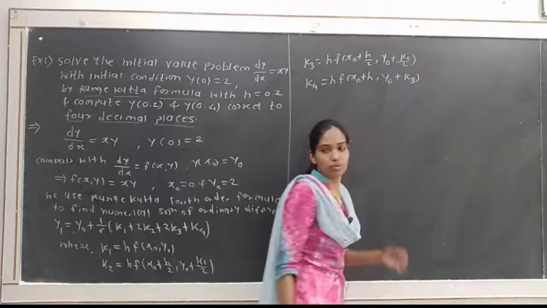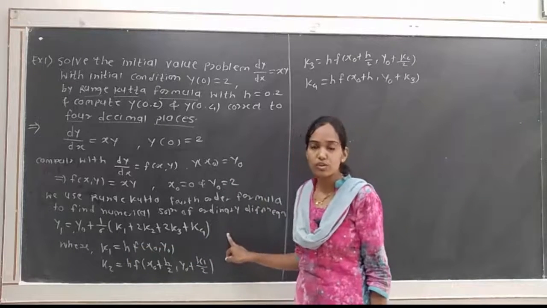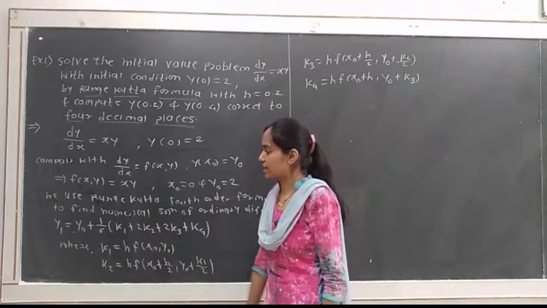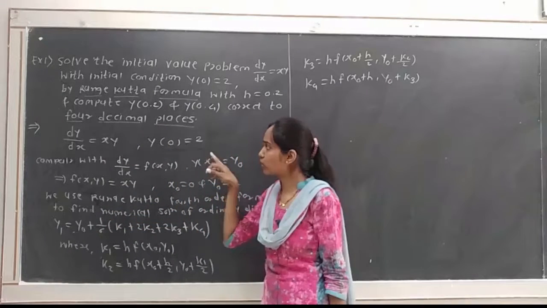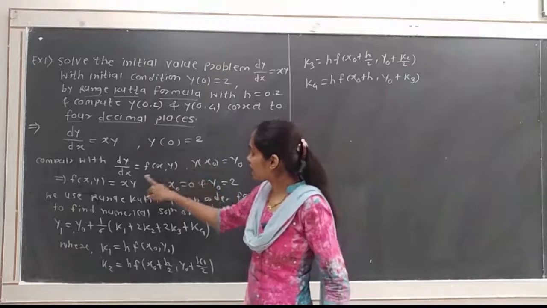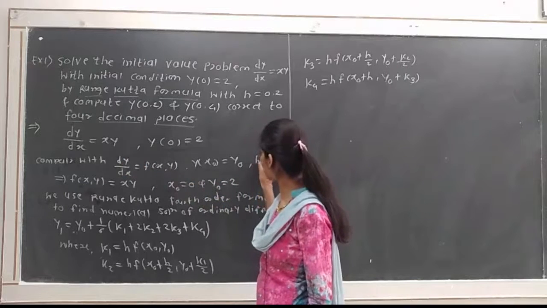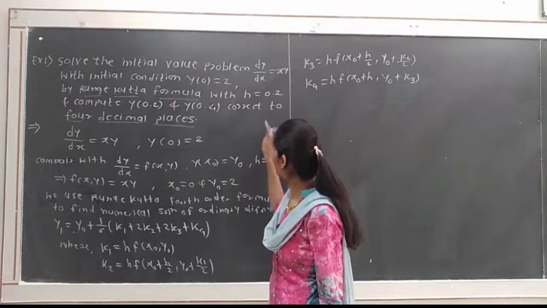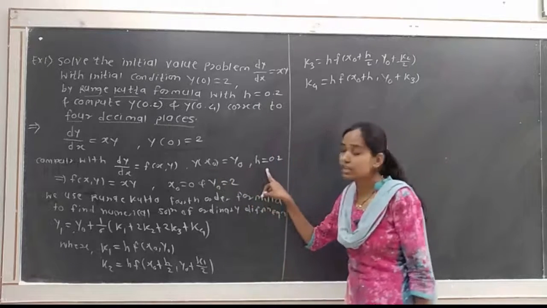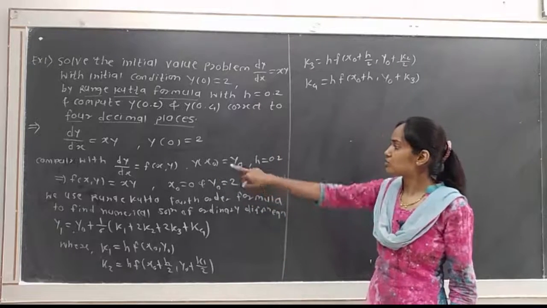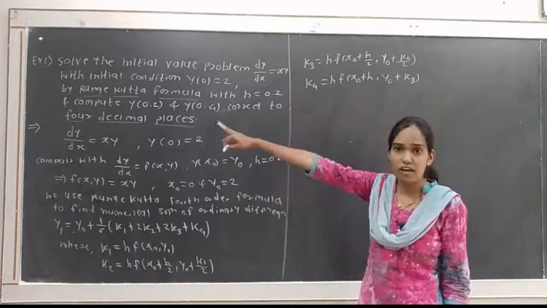Using this RK4 method formula we have to find the numerical solution y1, that is the value of the function at point x1. Here x0 is 0 and h is 0.2. So x1 will be x0 plus h, that is 0 plus 0.2, so we get the value of y1, that is y of 0.2.